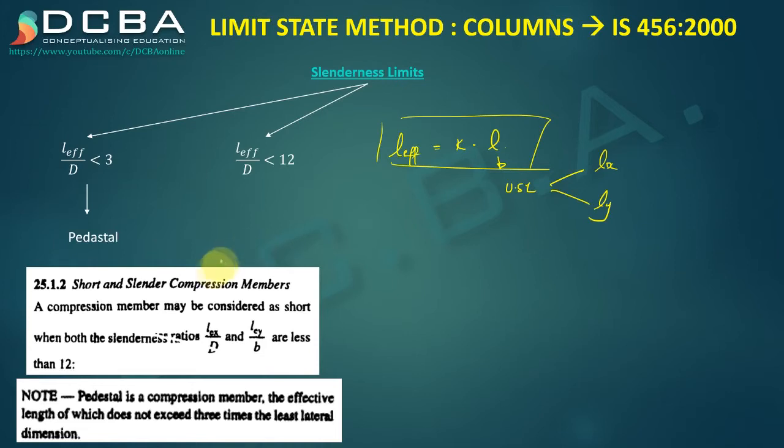Okay, so this type of column, if it is less than 12, then it's called a short column. So a pedestal is also a short column, but it is too short, less than 3, so it's too short.